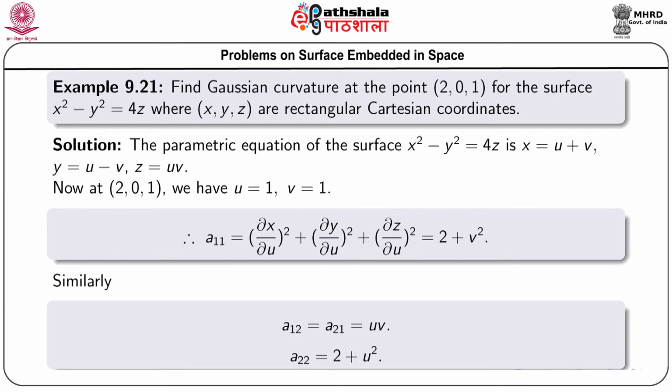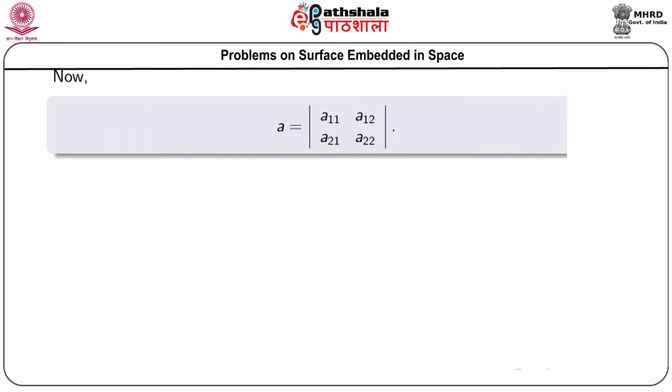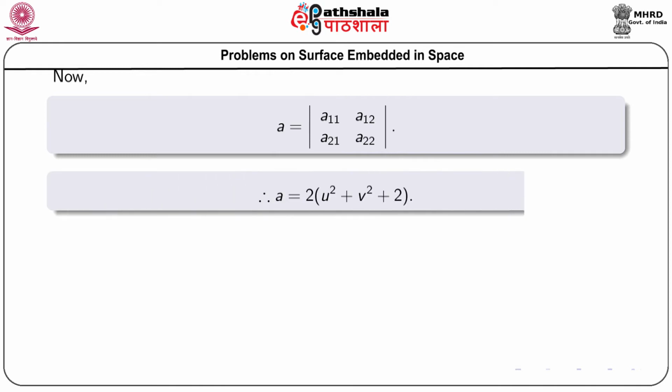So, we can find the determinant of a alpha beta, that is the value of a, which is equal to the determinant of a11, a12, a21, a22, and if we put the values we get a equals to 2 u square plus v square plus 2.